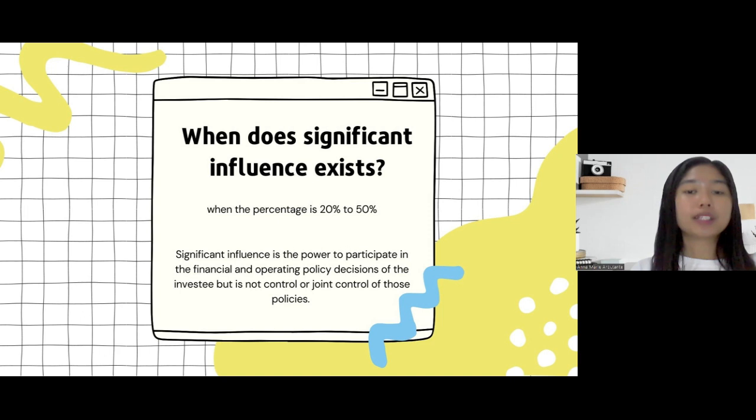It is presumed to exist if the investor holds directly or indirectly 20 to 50% of the voting power of the investee. Conversely, significant influence is presumed not to exist if the voting power is less than 20%. But an investor may have significant influence even if it has less than 20%, which will be discussed further by Mary.